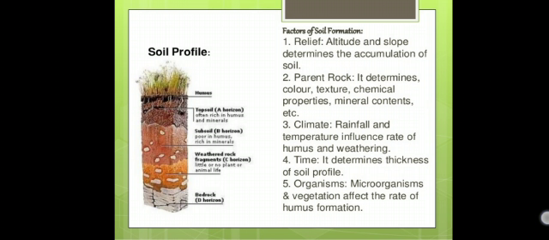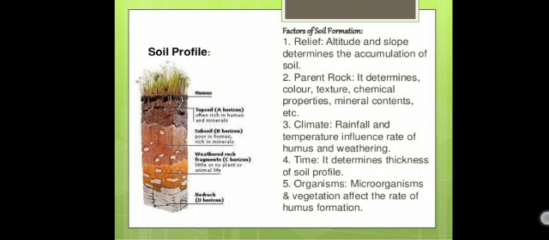And this topsoil is often rich in humus and mineral content. Below the A horizon lies the B horizon, which is also known as subsoil. It is poor in humus but rich in minerals and contains sand, silt and clay.